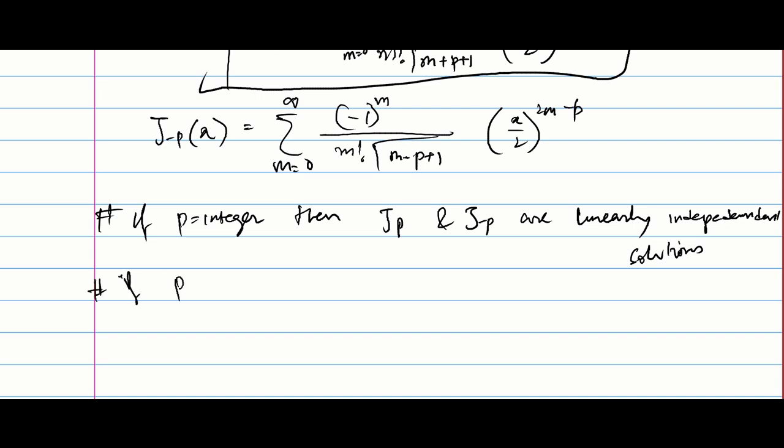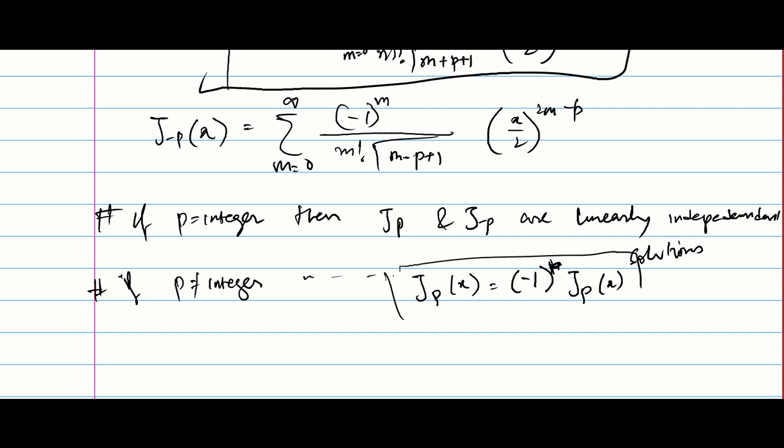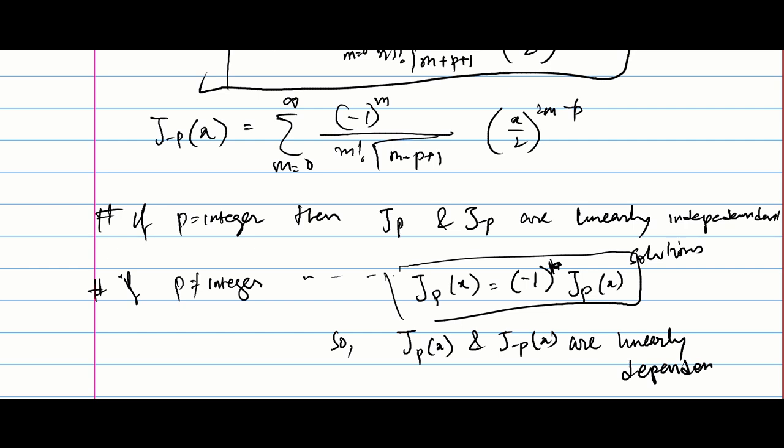If p is not an integer, then Jp of x would be (-1)^m... Okay, it would be p. So Jp(x) and J minus p(x) are linearly dependent solutions.